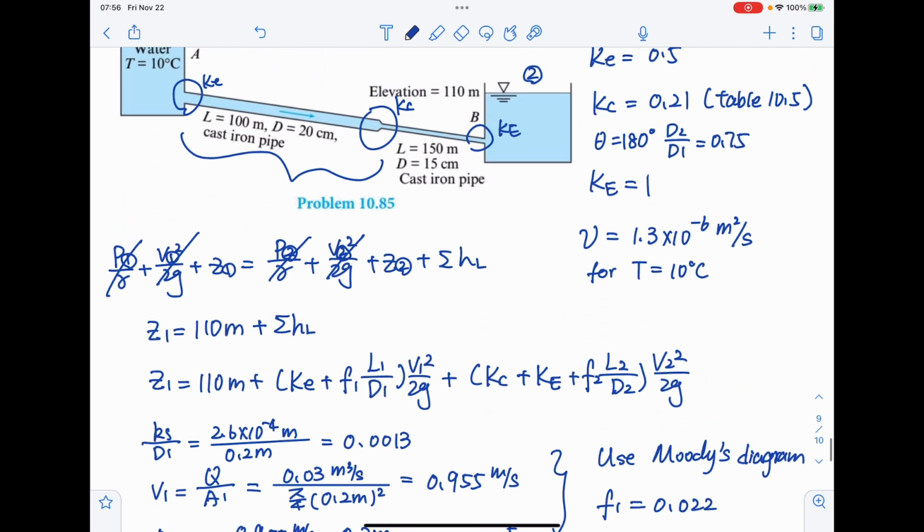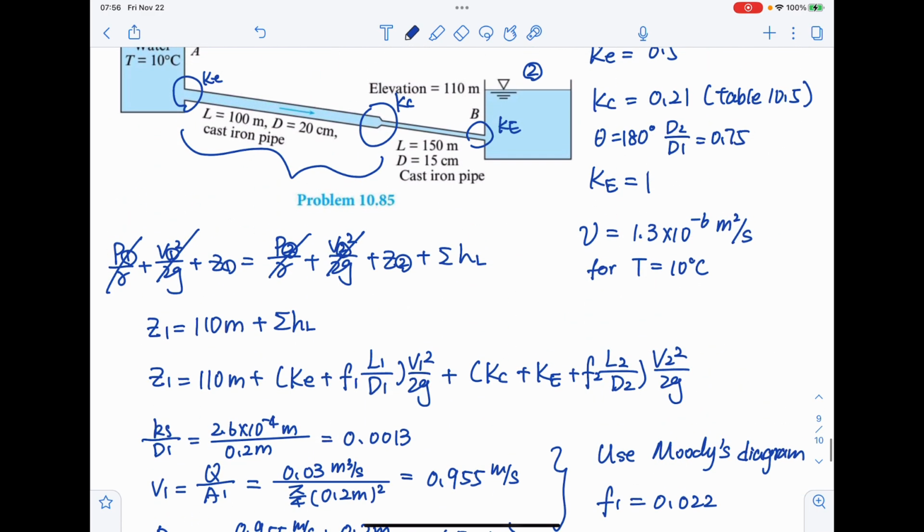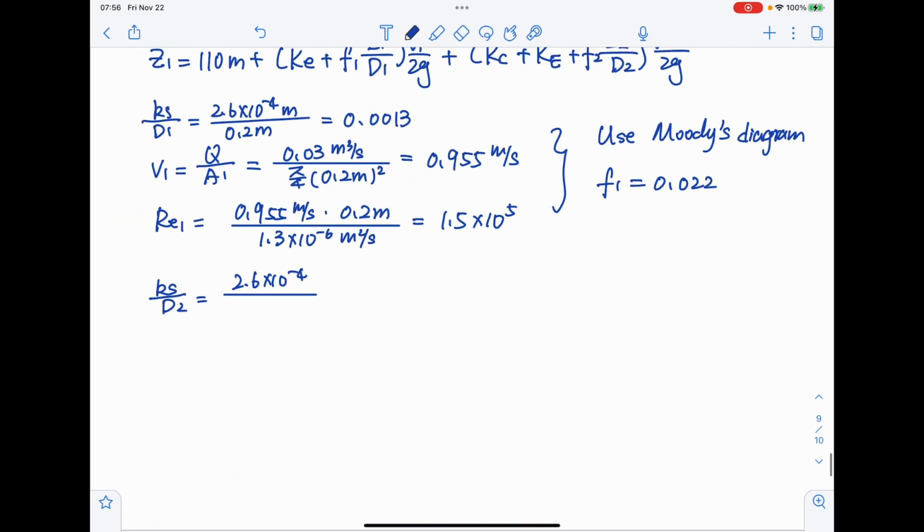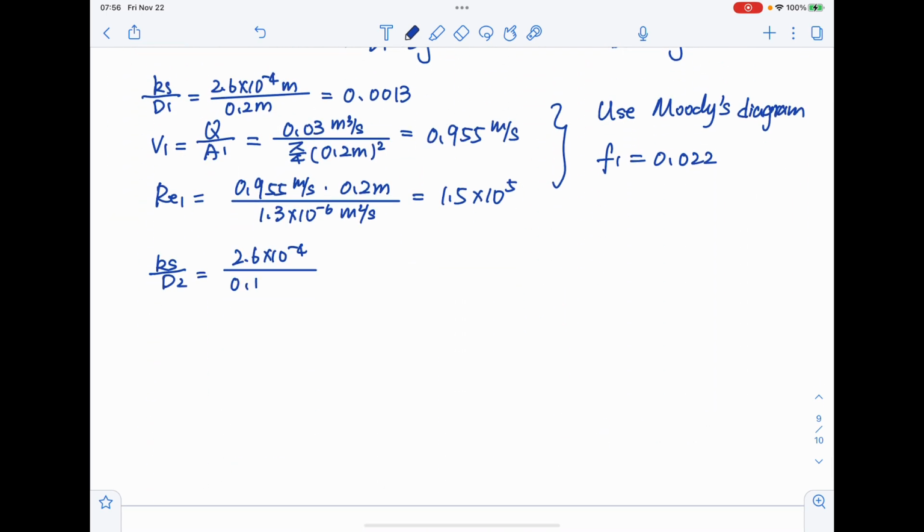And the diameter of pipe 2 is 0.15 meters. So the relative roughness is 0.0017. V2 is Q over A2.